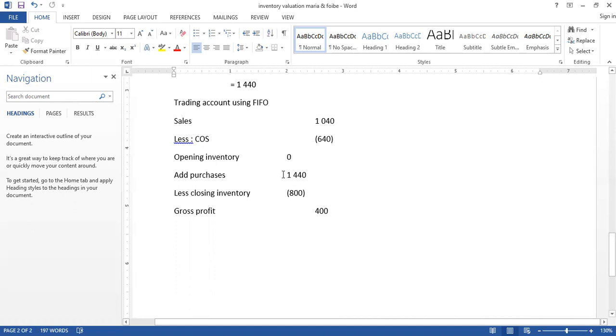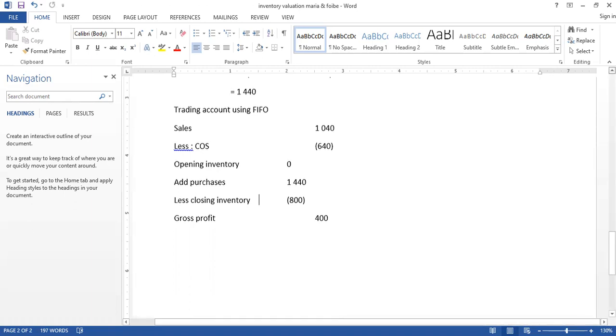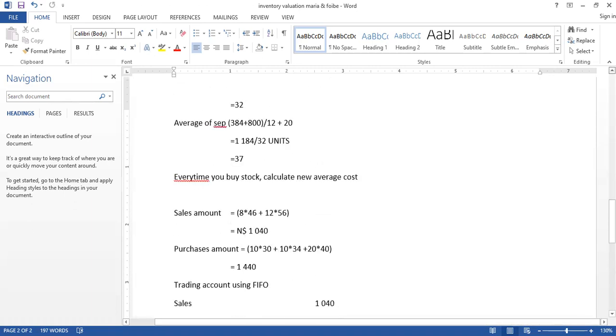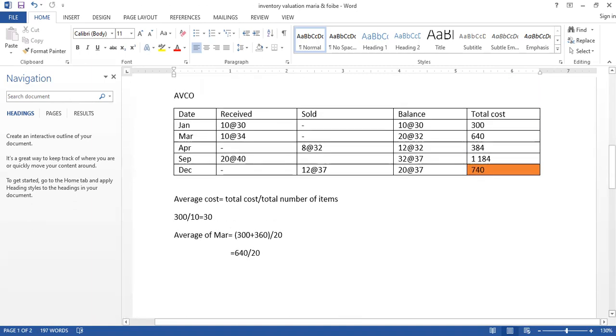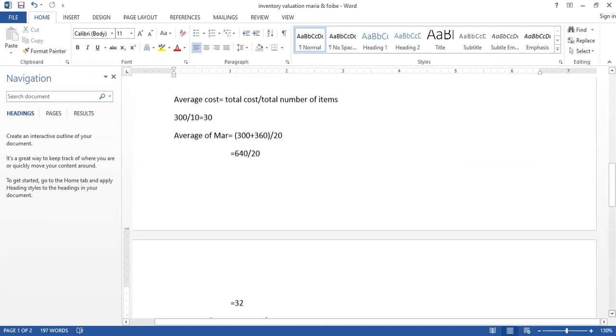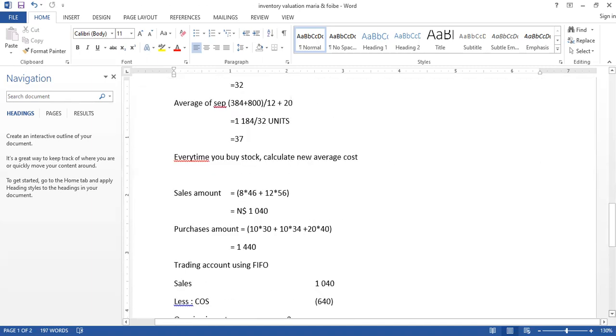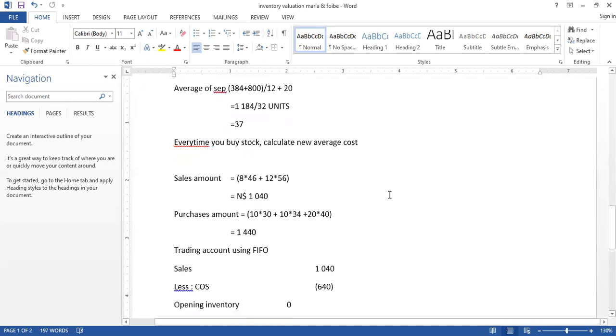Do you understand? Can you please repeat how you got the sales again? Okay, the sales amount, if you go to the activity, can you see the sales? The activity, can you see the bought and sales? Are you at the activity?